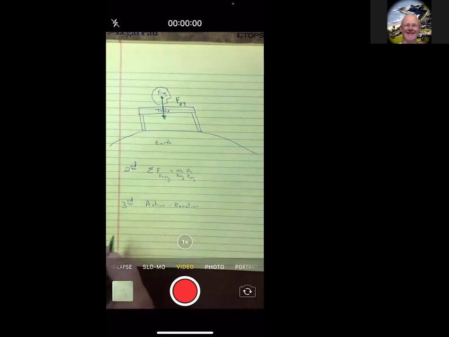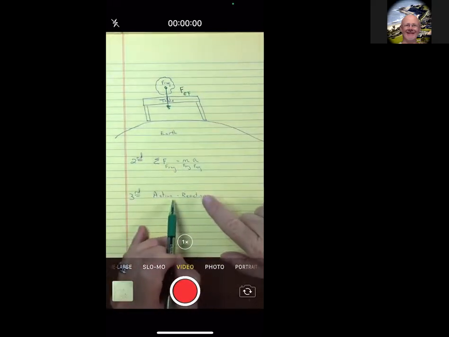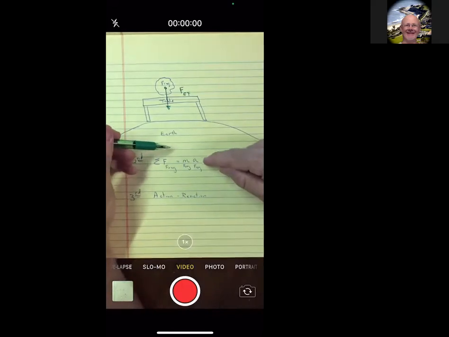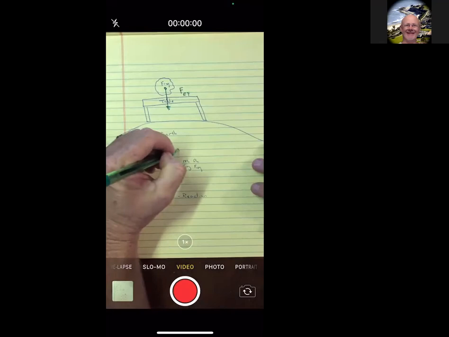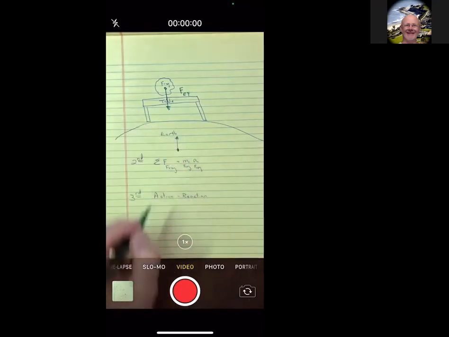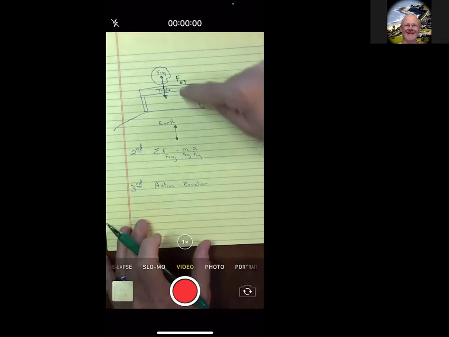And I'm kind of hoping that notation might help you, because if I think about, say, the third law, I am saying that the Earth is pulling the frog down. Therefore, the frog is pulling the Earth up. And that force is on the Earth. So that's what I mean here by the third law. These are equal and opposite.